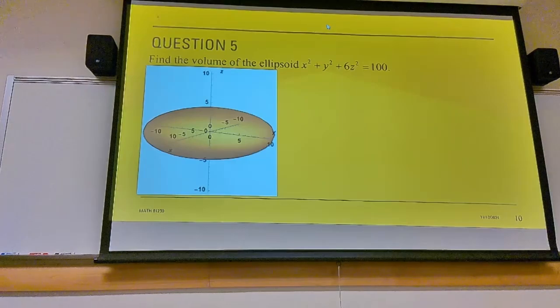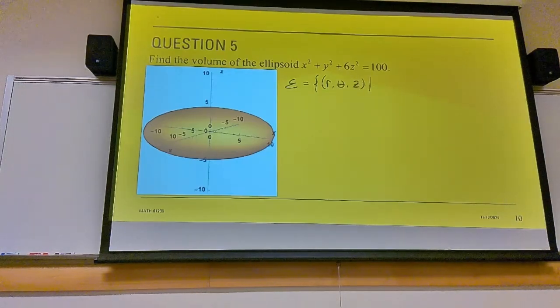What coordinate system do you want to use? I'm inclined to try cylindrical. Describe it.